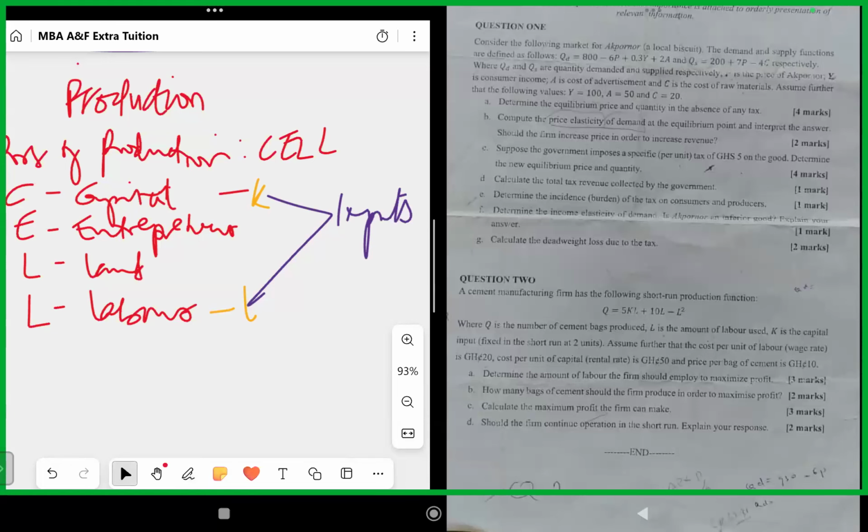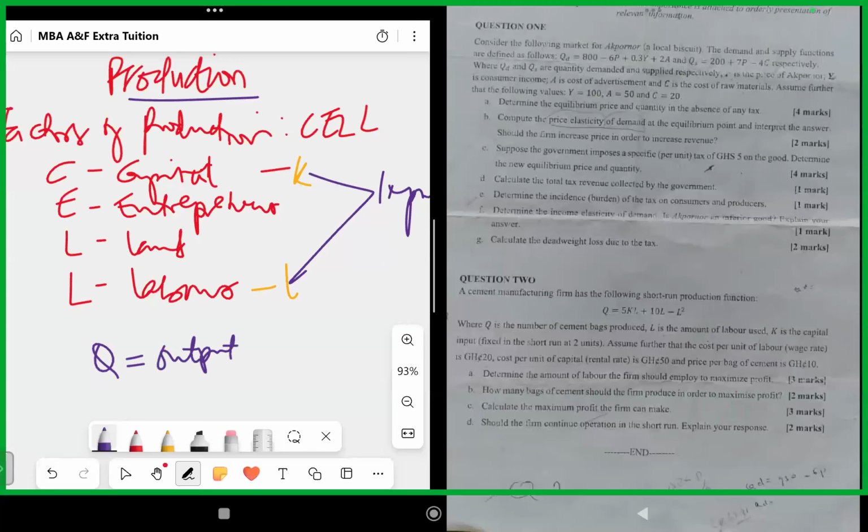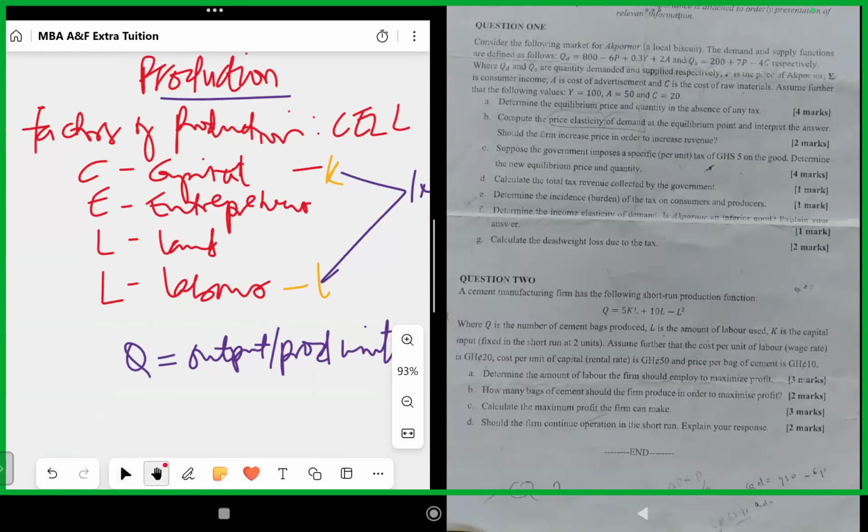These inputs will help us generate what is called output. So KL can represent the production units, or the output.